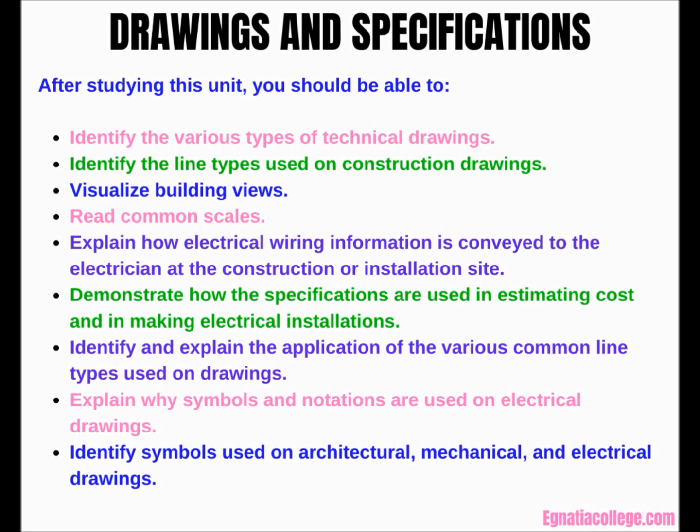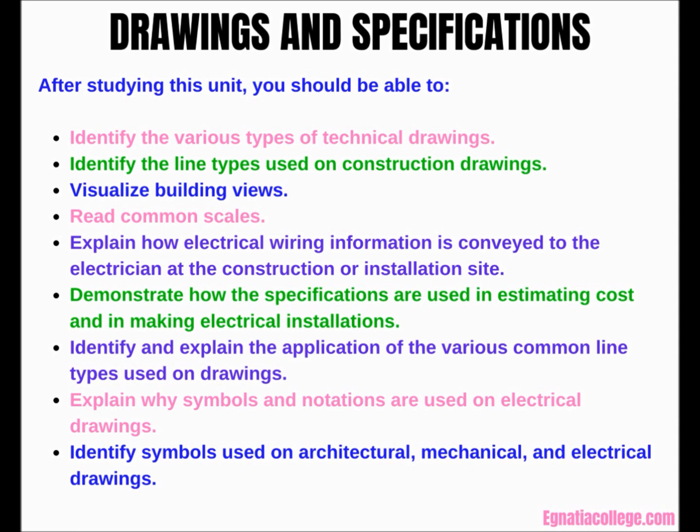Demonstrate how the specifications are used in estimating cost and in making electrical installations. Identify and explain the application of the various common line types used on drawings. Explain why symbols and notations are used on electrical drawings. Identify symbols used on architectural, mechanical, and electrical drawings.